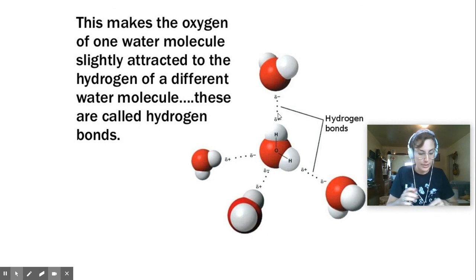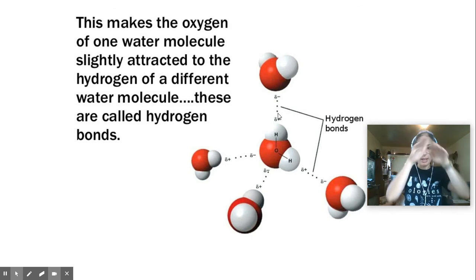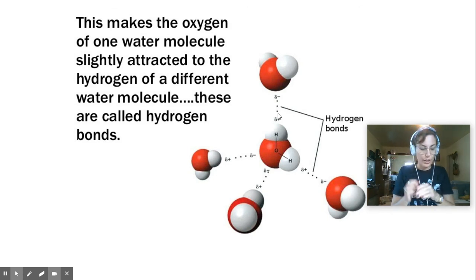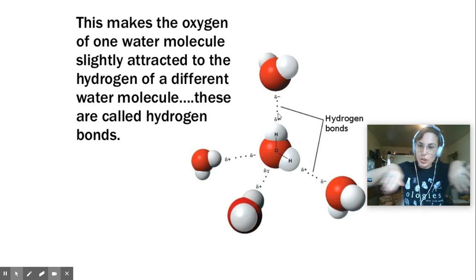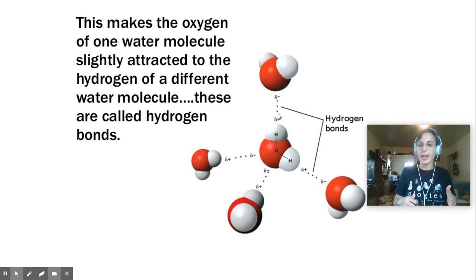Okay, that's also why, though, if you were to, instead of belly flopping, dive into the water using your fingers to break up some of that surface tension, okay, then you're able to push apart those water molecules and get your body in without smacking the water, right? You've broken up those hydrogen bonds by breaking the water tension. Okay, so this weak attractive force is what gives water the properties that it does.